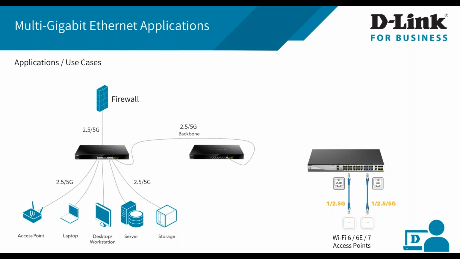Putting a 10G port in an entry-level access point would unnecessarily increase its cost. So vendors provide entry-level or mid-level Wi-Fi 6 access points with a 2.5 Gbps or 5 Gbps Ethernet port, depending upon the wireless throughput supported in that model. To support this, we also need to consider a suitable multi-gigabit switch, as shown here.